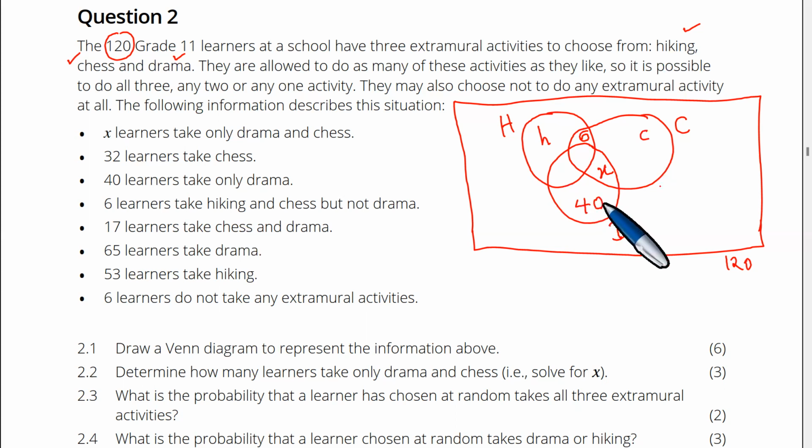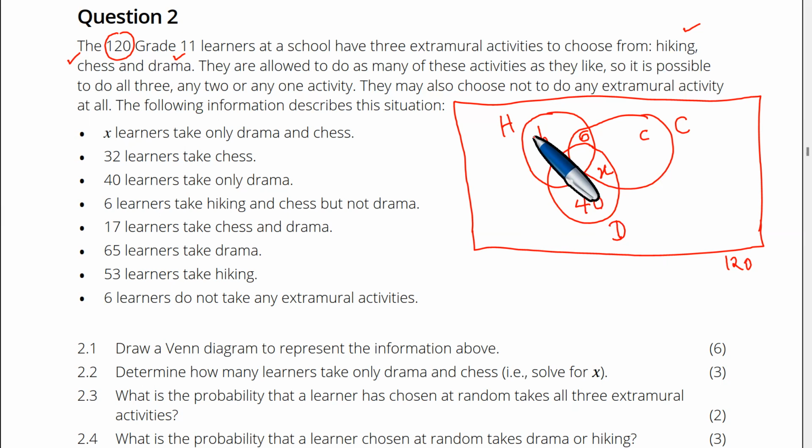You need to understand that they take chess and drama, but we know that chess and drama here obviously have a portion of X. X learners take only drama and chess, so only drama and chess and not hiking. But the 17 take chess and drama.